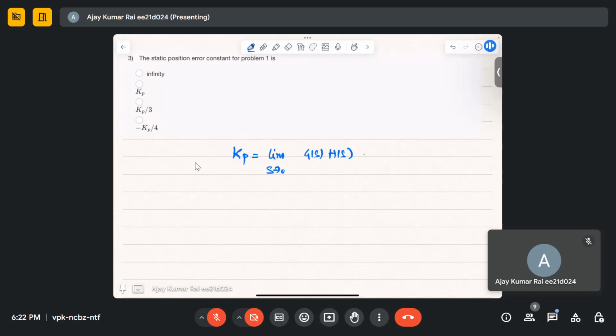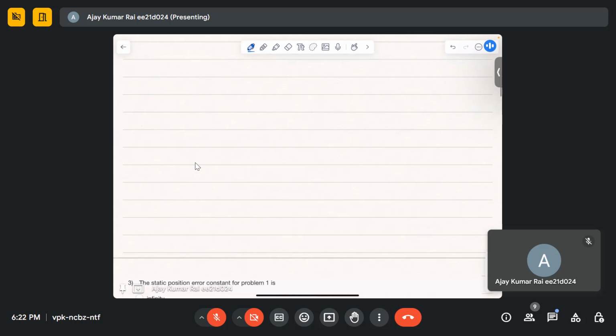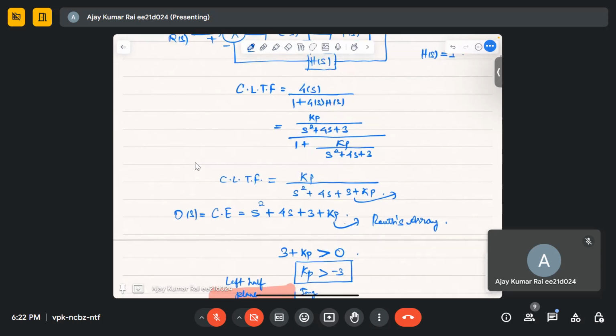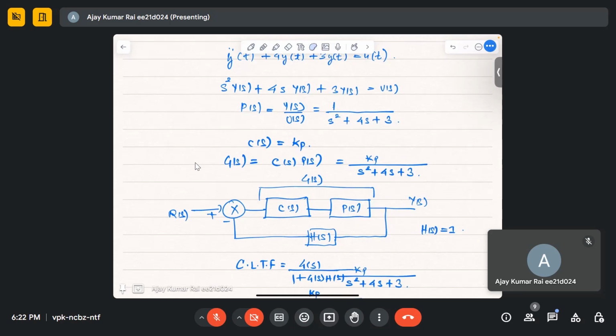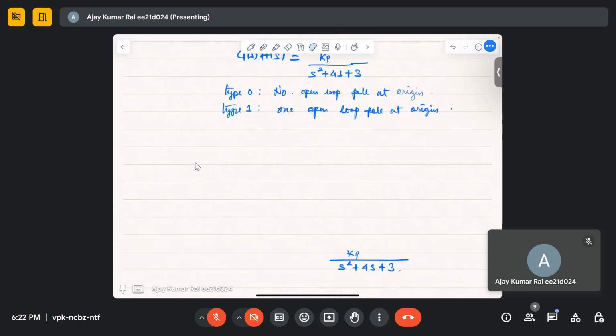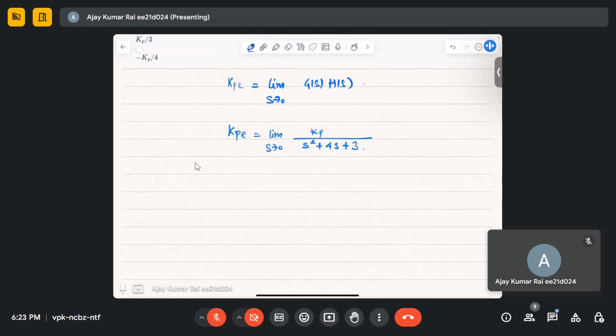Kp is the limit as s tends to 0 of G(s)H(s), the open loop transfer function, which from the first question is Kp by s square plus 4s plus 3.